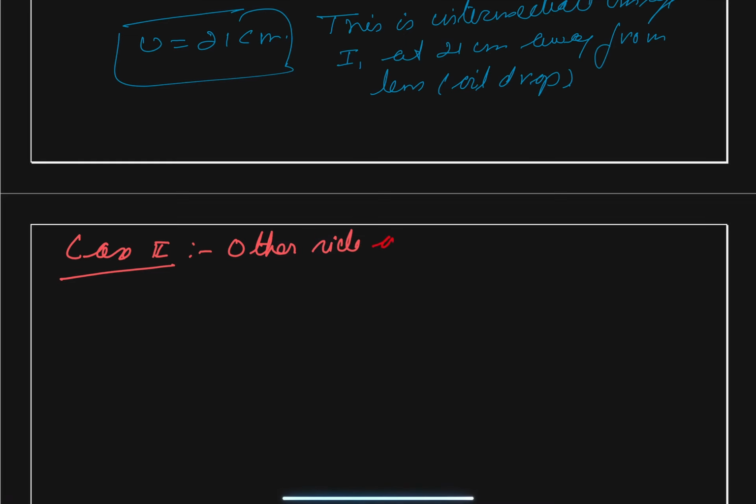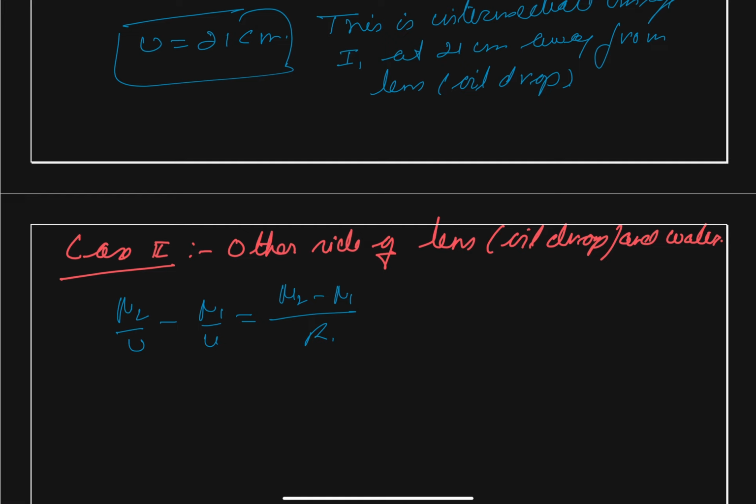Once again, we are going to use the same formula, that is mu2 upon V minus mu1 upon U is equal to mu2 minus mu1 upon R. And the radius of curvature of the other side of the oil drop will be infinity because it will be almost flat and it is also given as a thin lens.